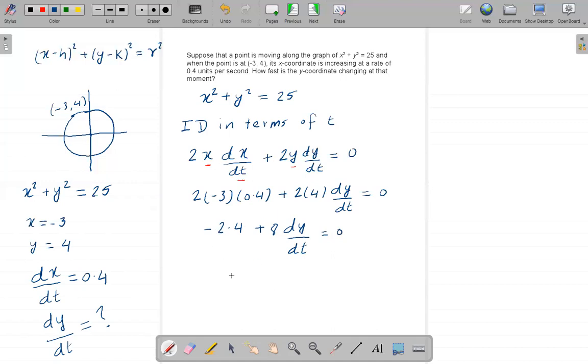Now move this to the other side, so 8 dy over dt equals positive 2.4. And if you divide by 8 on both sides, then dy over dt equals 2.4 divided by 8, which is 0.3. So it's 0.3 unit per second.